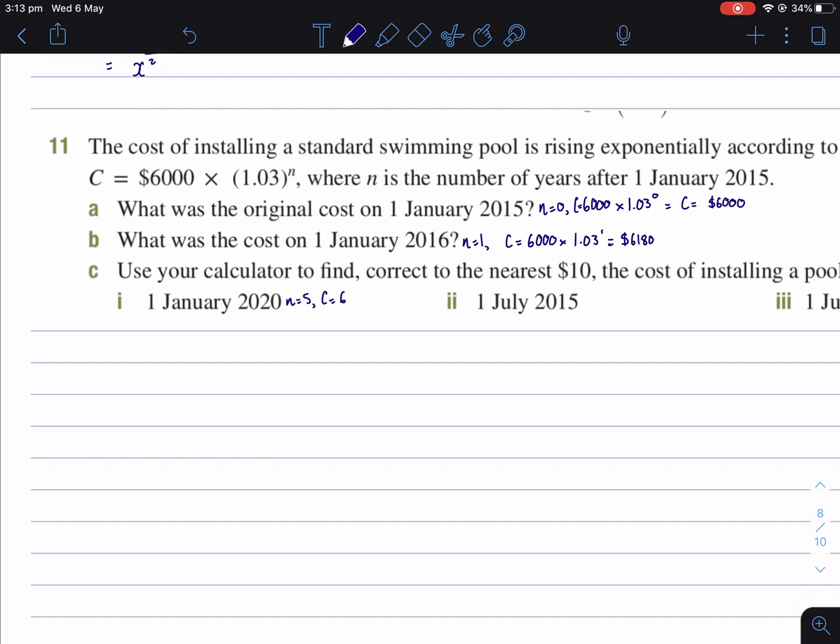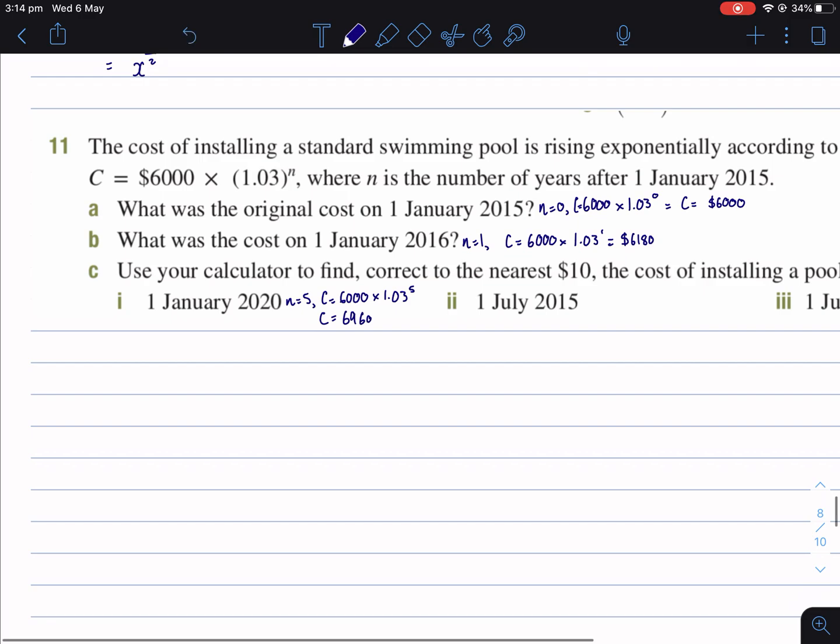C equals 6,000 times 1.03 to the 5, which is... and the nearest $10, well, it's 6955.64, but they've said to the nearest $10, this is closer to 6,960 than 6,950.